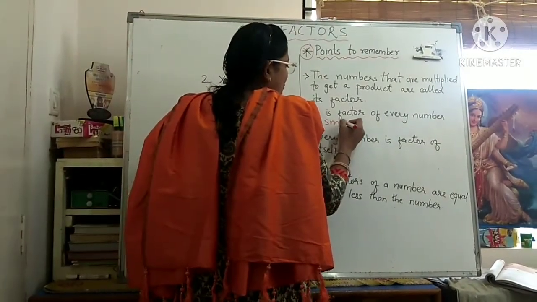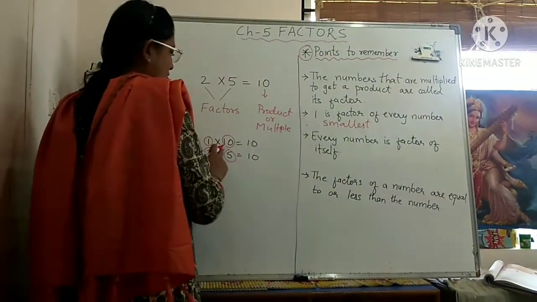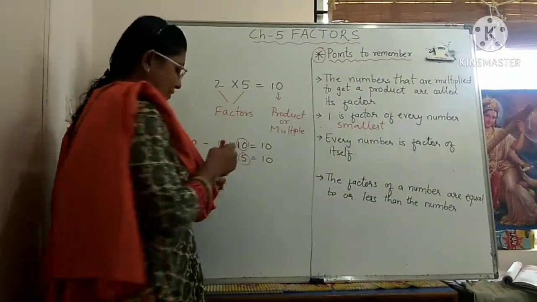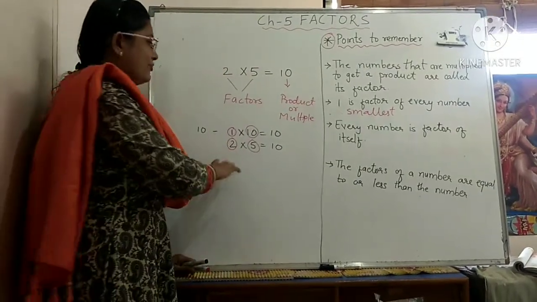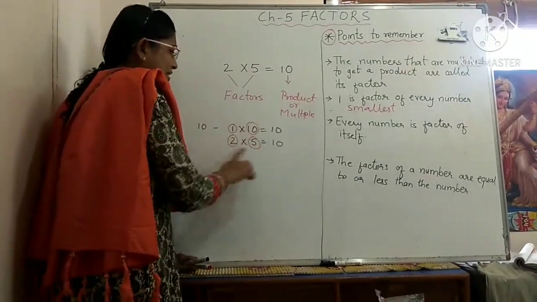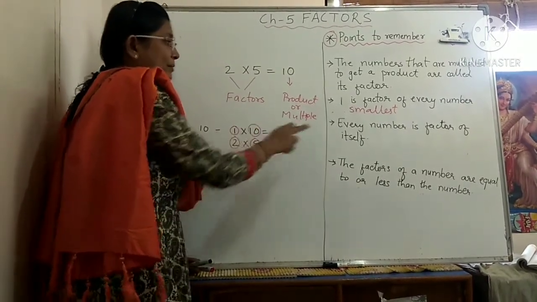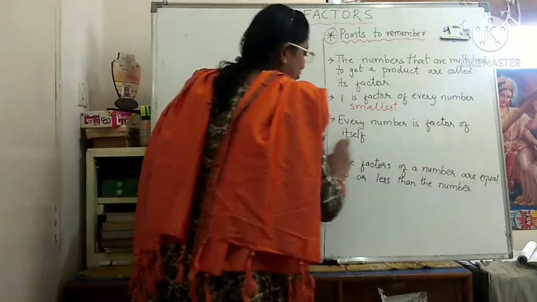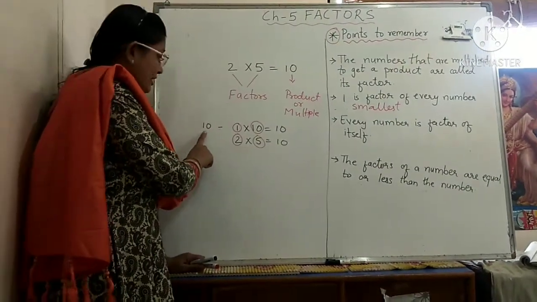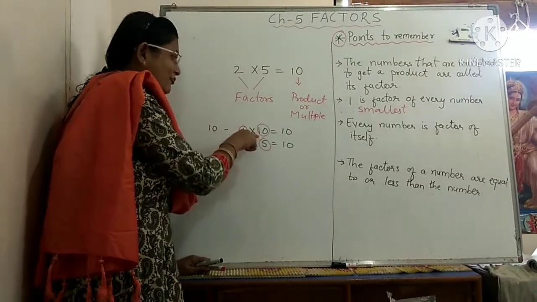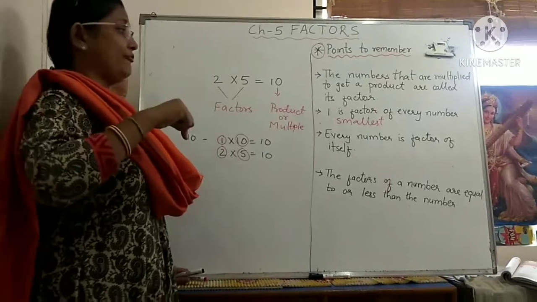So here, 1 is the smallest factor of 10. Right? In the same way, the greatest factor from this is 10. Right? So every number is a factor of itself. See here, you are writing the factors of 10, so 10 is also a factor of 10 itself. Right? So every number is a factor of itself.